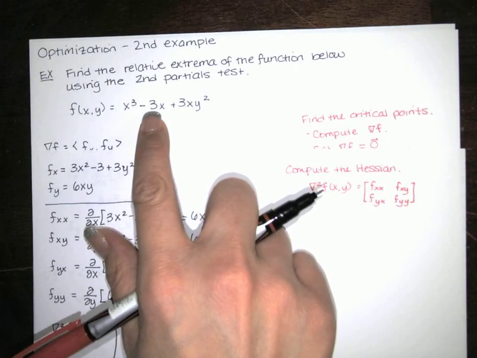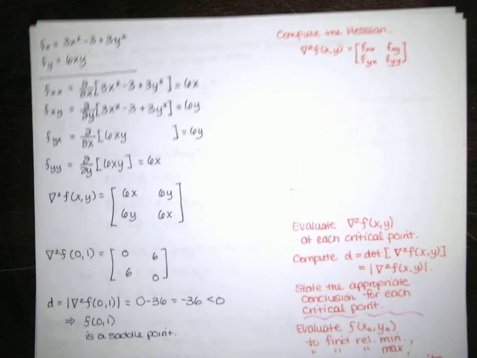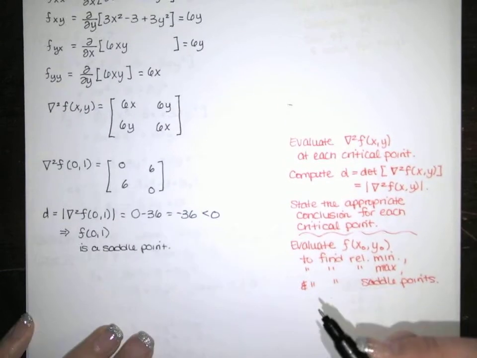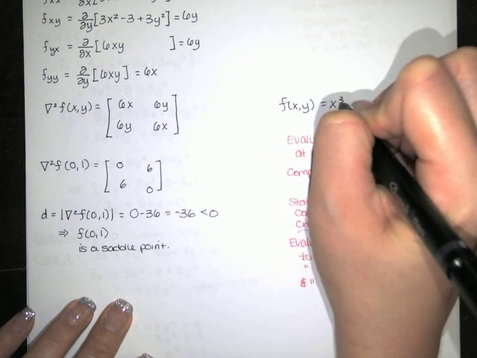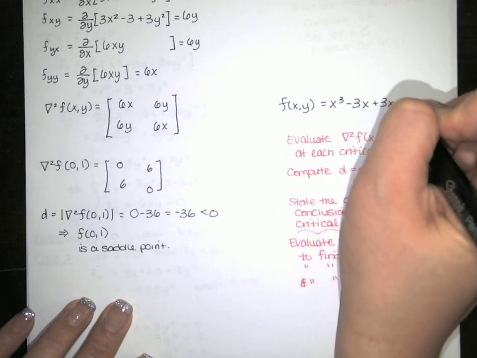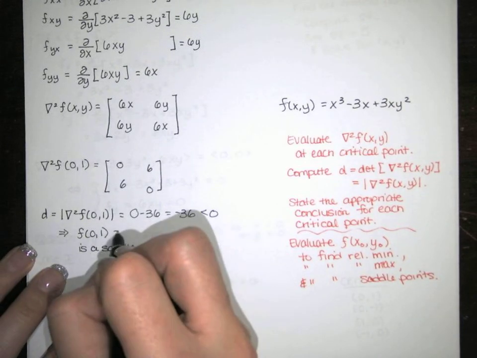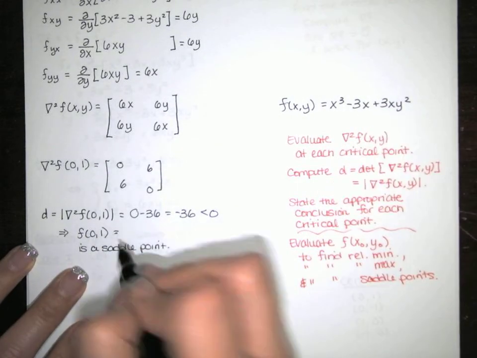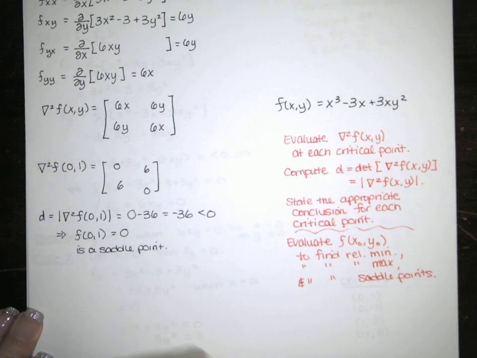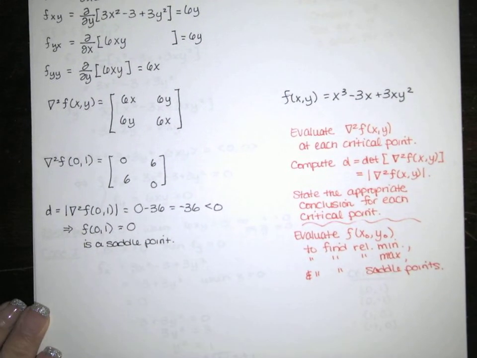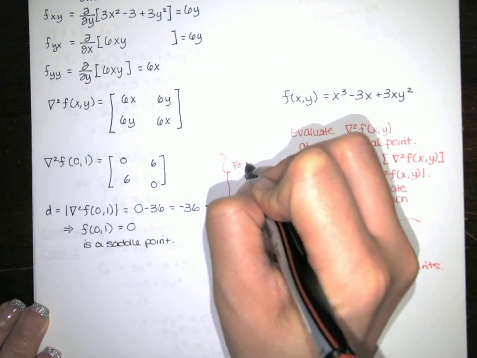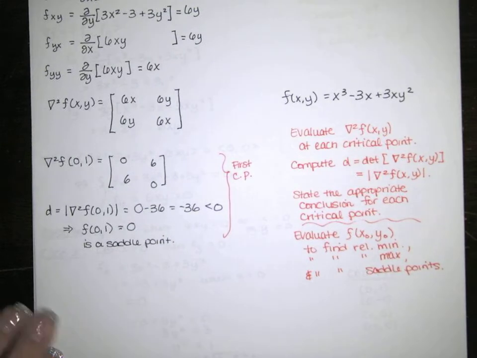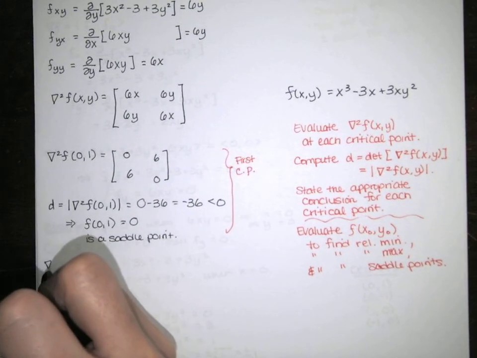It was right here, and we have x cubed minus 3x plus 3xy squared. So I'm just going to write that over here for us. Okay, so x is 0, so we have 0 plus 0 plus 0. Okay, so we get 0. All right, so that was the first critical point. I'm going to abbreviate that CP. We want to go through all four.